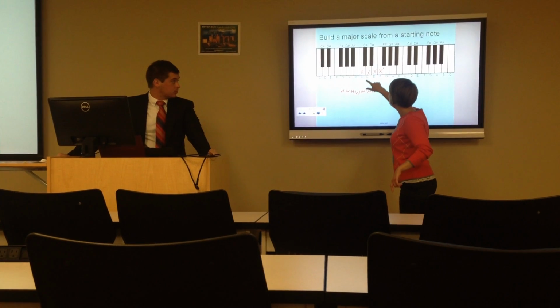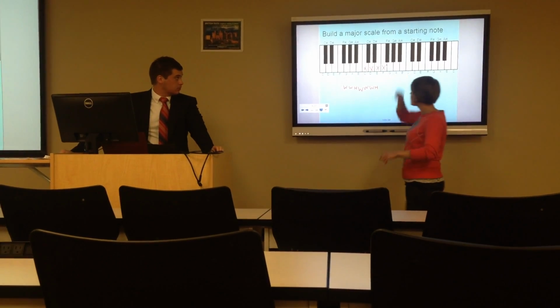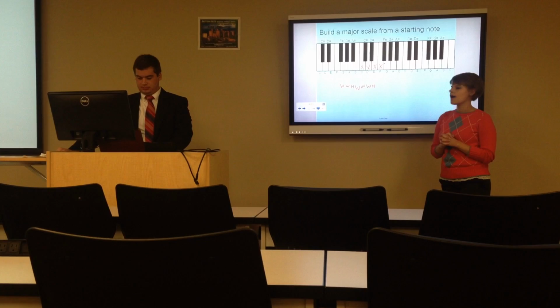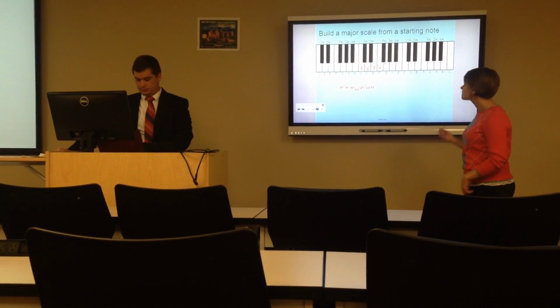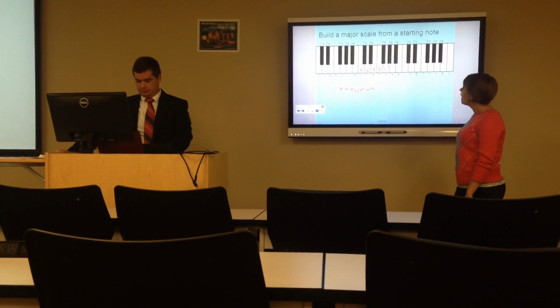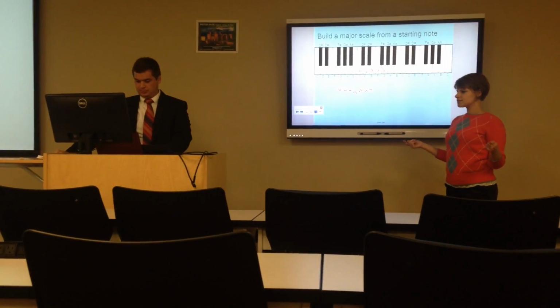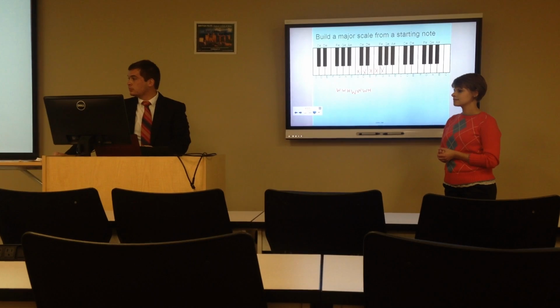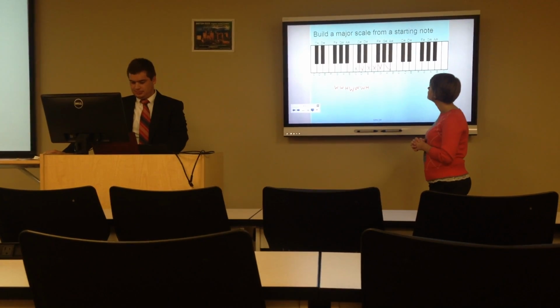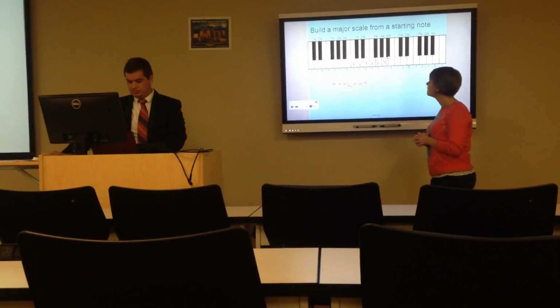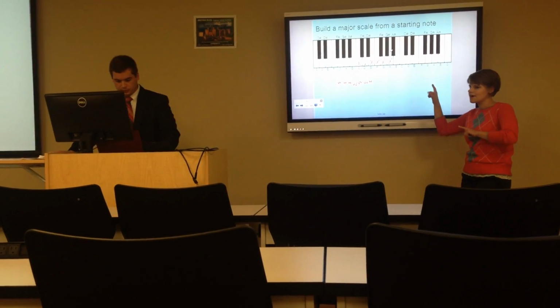All right, so next one. What are we on? We're on whole, whole, half. All right, we're back to whole. So from F to what note would be a whole step? G. Very good. And then, can anybody tell me what the next note is? A. Yep, A. And this is really hard, but what's the next one?